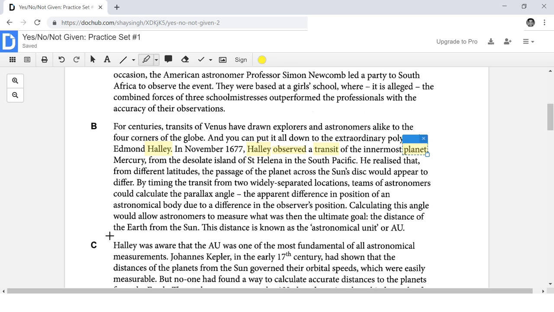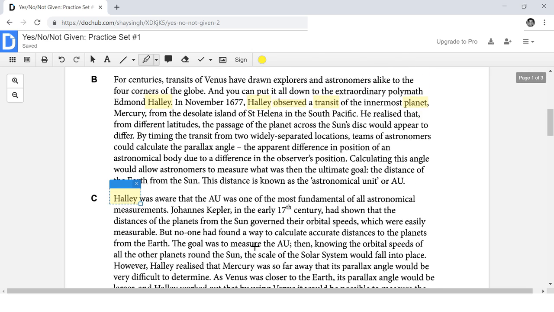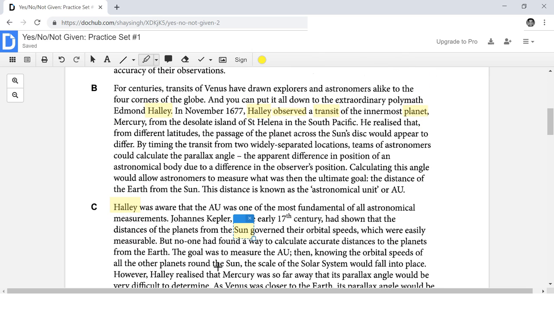And the word Halley actually appears down here as well. Guys, take a look. We found another keyword, sun. Remember that sun was one of our keywords for another question? So we might find our answer here for that other question, but I'm not going to look for this one right now.